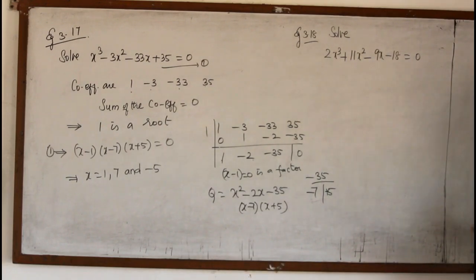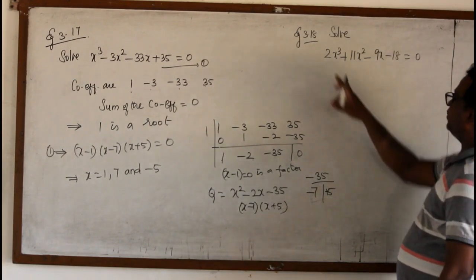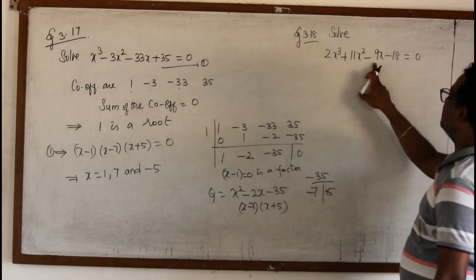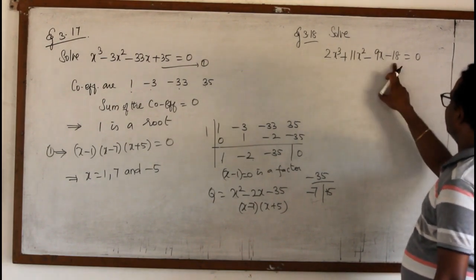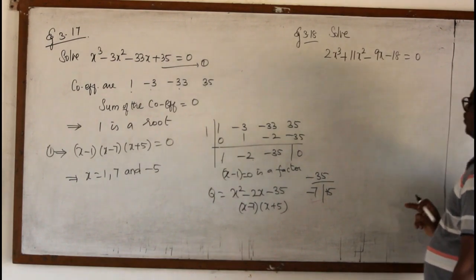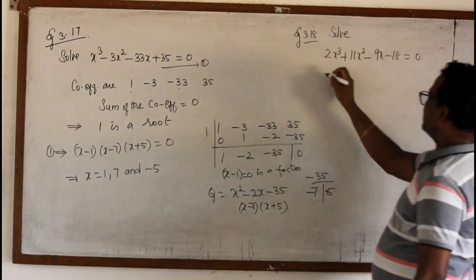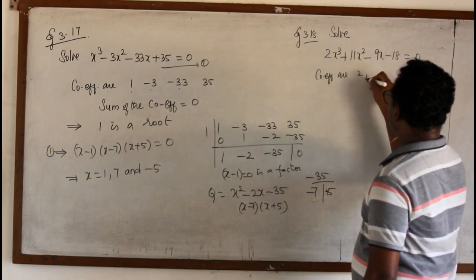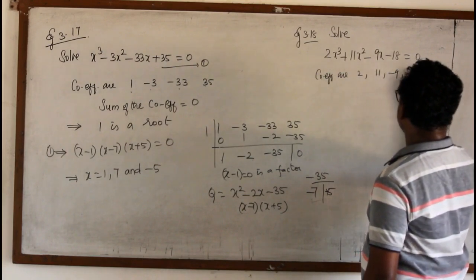Therefore, 1 is not a root. But we can go for some other method. Take the alternate coefficients: 2 minus 9 is minus 7, 11 minus 18 is minus 7. When I subtract, those two are becoming 0. That is, the coefficients are 2, 11, minus 9, minus 18.